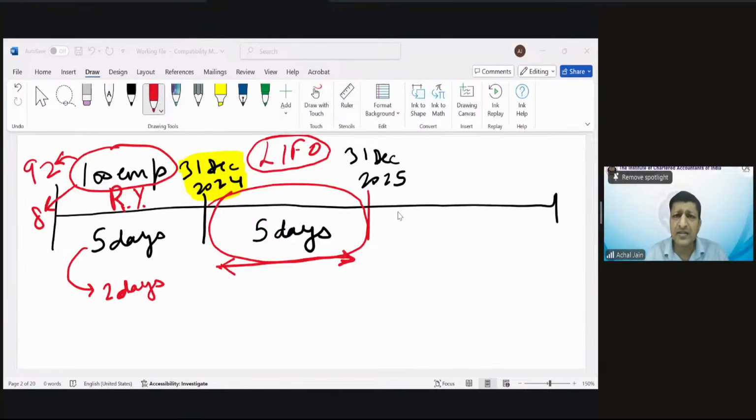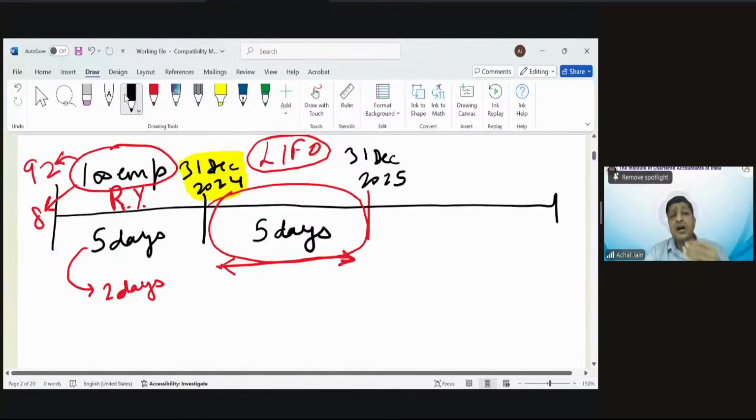So let's look at this, right? In this case, what do you do? You'll have to assess what is going to be the amount of liability on the part of the company. I think Khushbu has the same answer, 12 days. So let's try to understand this, right?